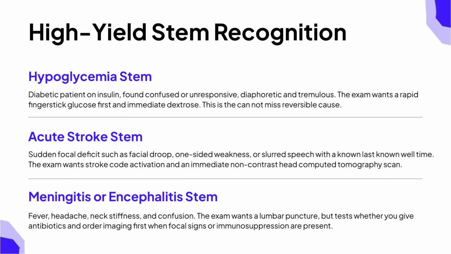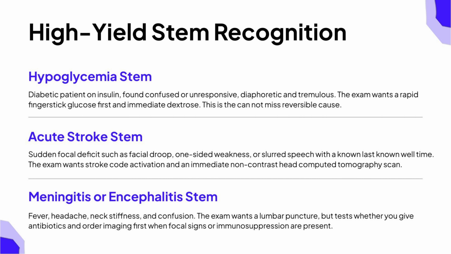The hypoglycemia stem is a diabetic patient on insulin found confused or unresponsive, often diaphoretic and tremulous. The exam wants a rapid fingerstick glucose first and immediate dextrose, because this is the reversible cause you can never miss. The acute stroke stem is a sudden focal deficit such as facial droop, one-sided weakness, or slurred speech, with a known last known well time.